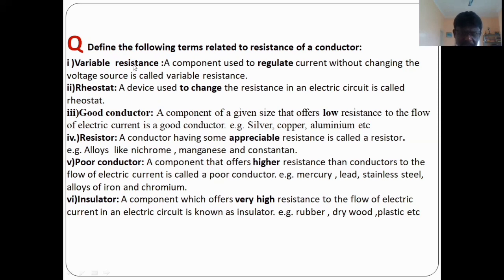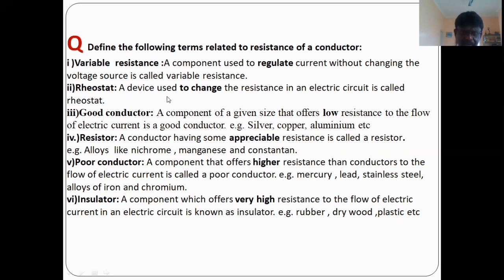Variable resistance: a component used to regulate current without changing the voltage source is called variable resistance. That means resistance can be varied without changing the source of voltage.